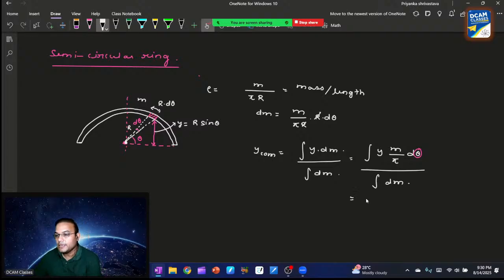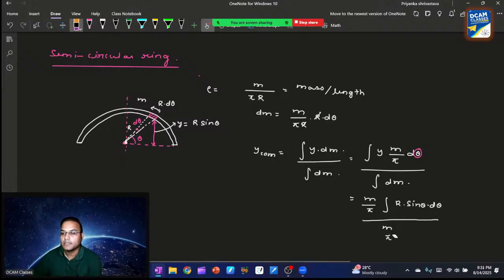So I'll put it here: m by pi integral r sine theta d theta divided by integral dm. Integral dm is m by pi integral. Let me write the result, or you can just write m only, not a problem, but let me do it like this.